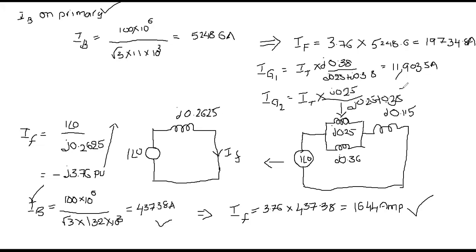Now if you determine this, you will get 7,831 amperes. If you add Ig1 plus Ig2, you should get 19,734.8 amperes. Approximately you get the same answer, but this is completely with respect to the primary side of the transformer. That's why on the primary side IB is different, and the fault current is also different.